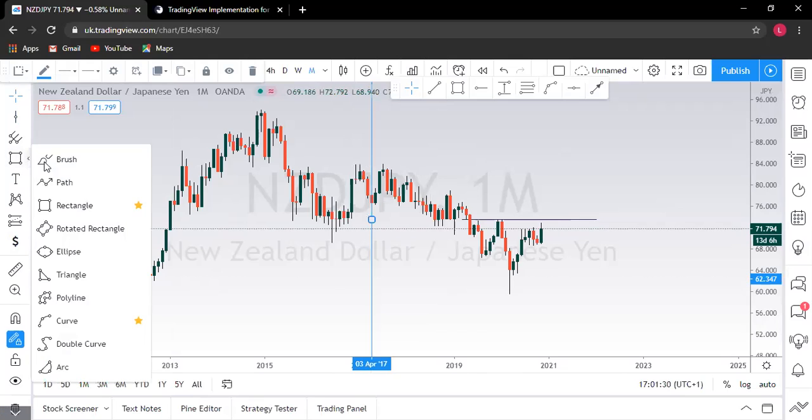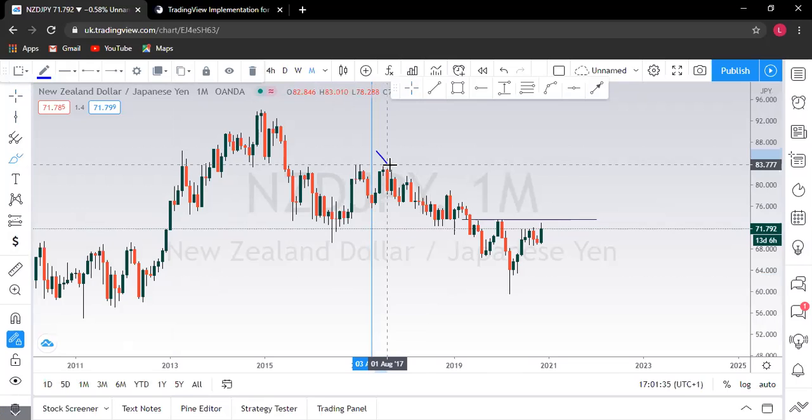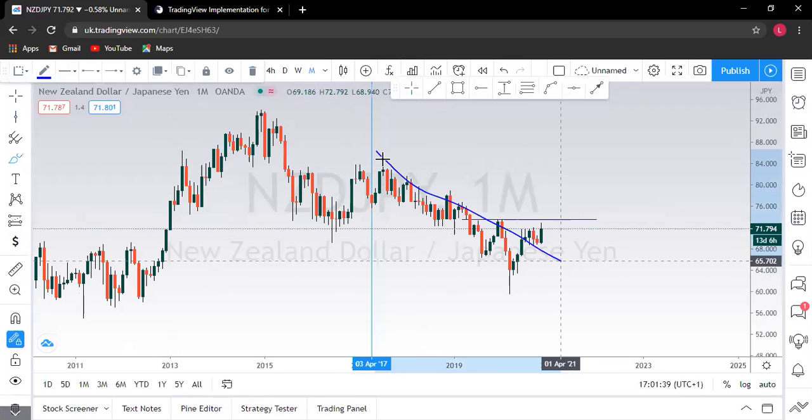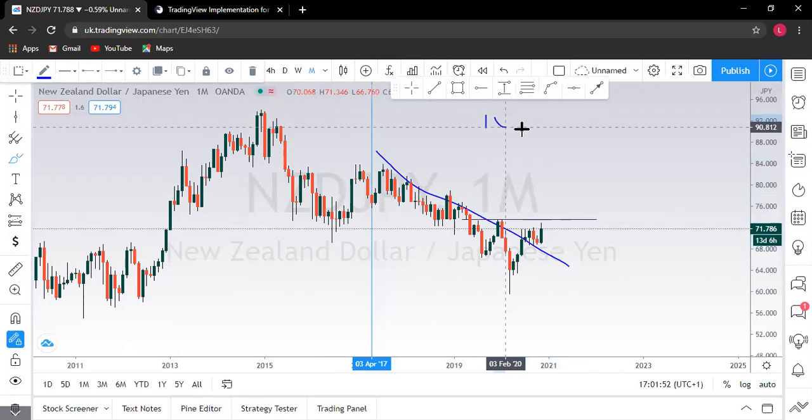If you have a trading journal, you write it there that okay, from 2017, NZDJPY has been on a downward trend. Can you see it is going down? Obviously. So the next thing that you need to identify on a downward trend, always know that you are always looking for a lower low and a lower high, right? A lower low and a lower high.